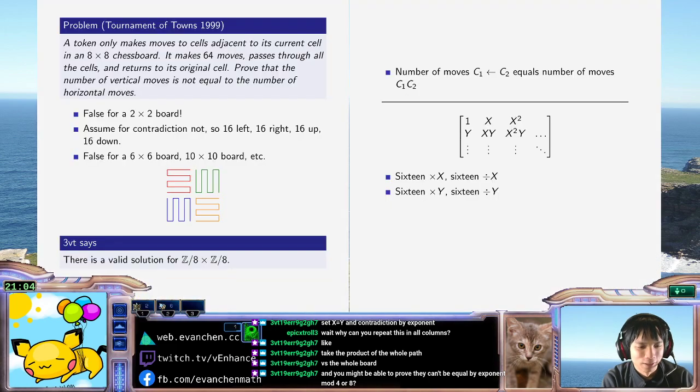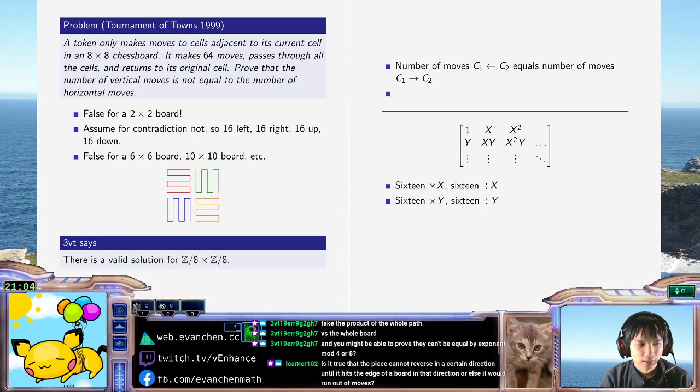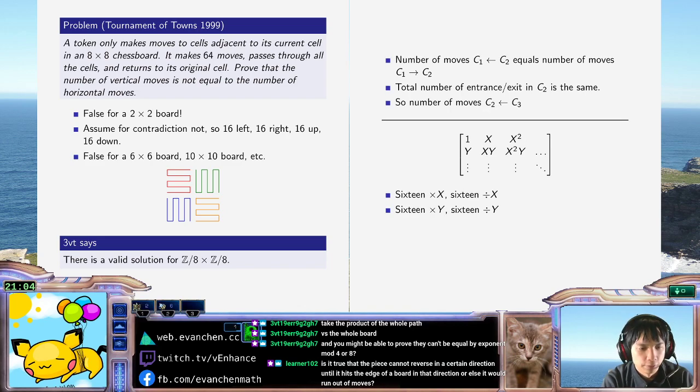Maybe it doesn't work. Hang on. So hence if I look at C2, the total number of entrances and exits in C2 is the same. And so the number of moves C2 to C3 is equal to the number of moves C3 to C2.